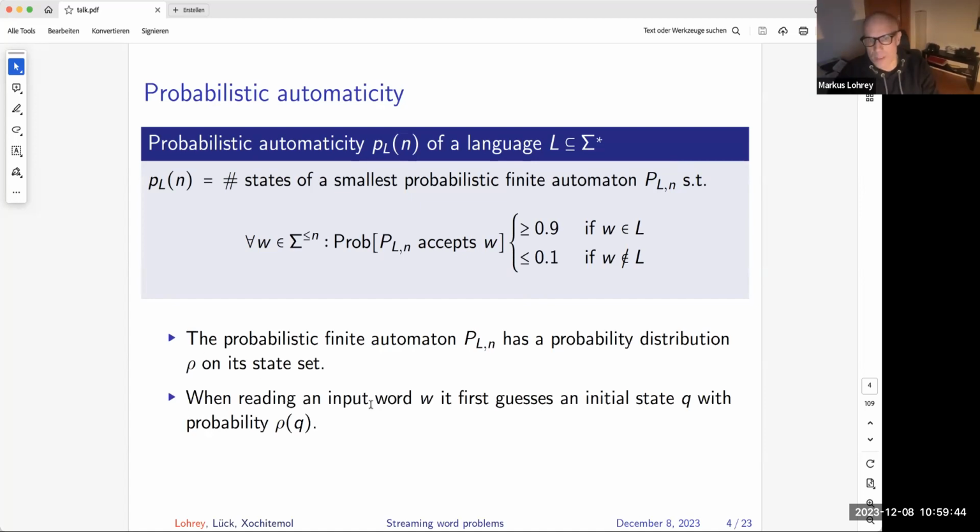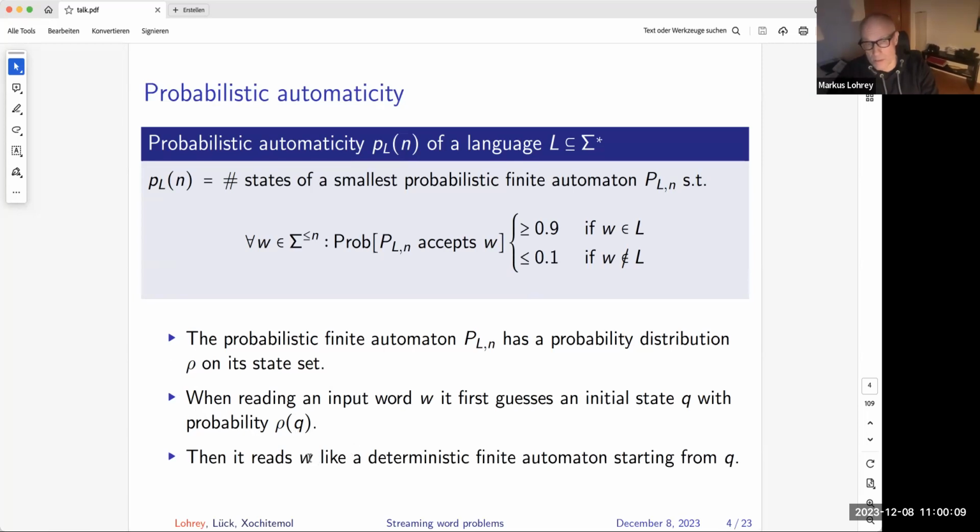When it starts reading an input word W, the first thing it does is guess the initial state Q with probability rho of Q. Then you work as before, deterministically: you start in the state Q and operate like an ordinary deterministic finite automaton.